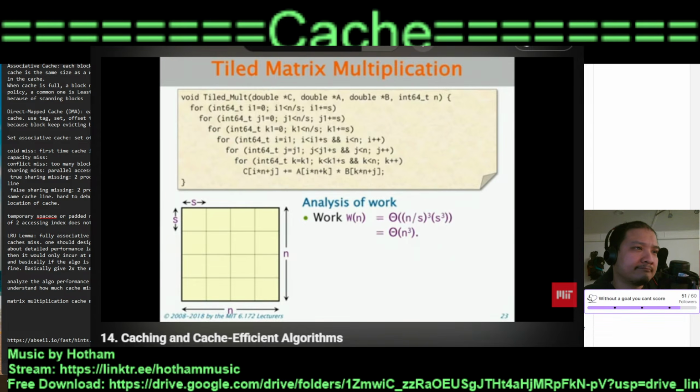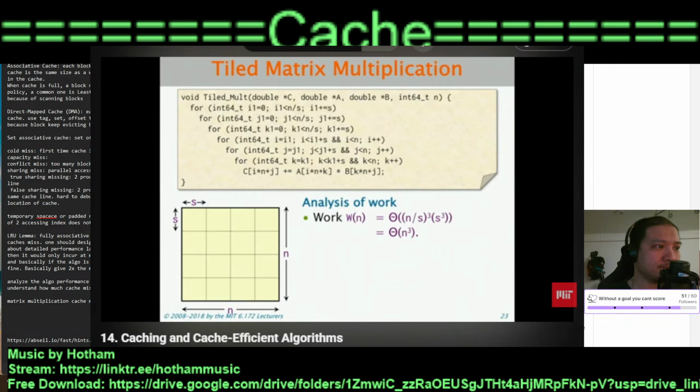You can see this if you consider each submatrix to be a single element and then use the same cubic work analysis on the smaller matrix. So the work is (n/S) cubed times S cubed, which is equal to theta of n cubed. So the work of this tiled matrix multiply is the same as the version that didn't do tiling.